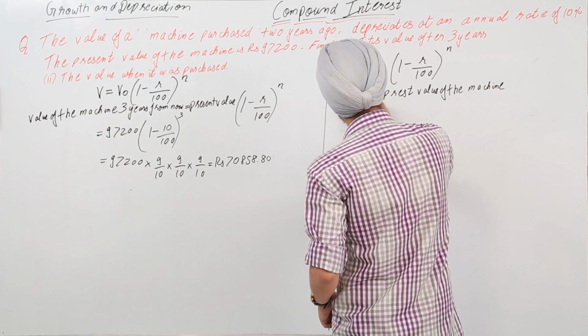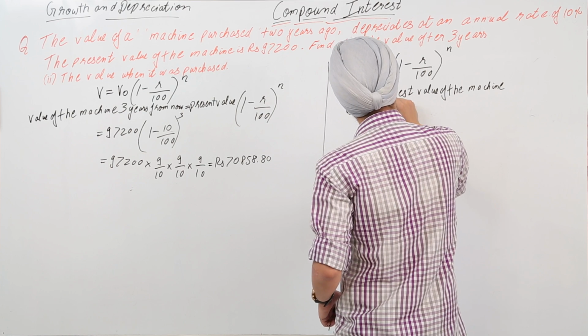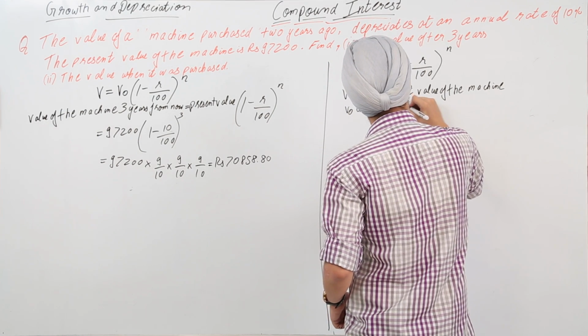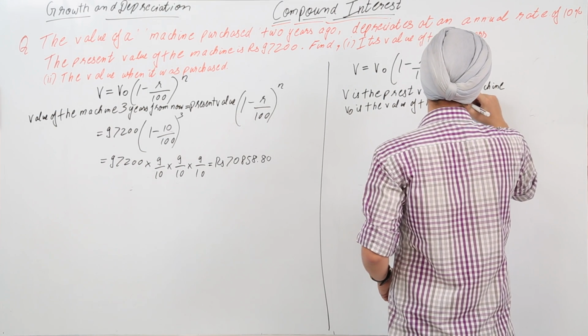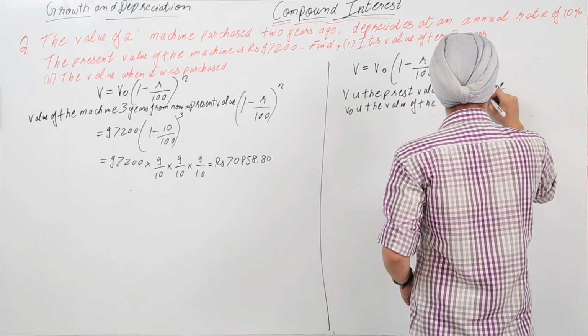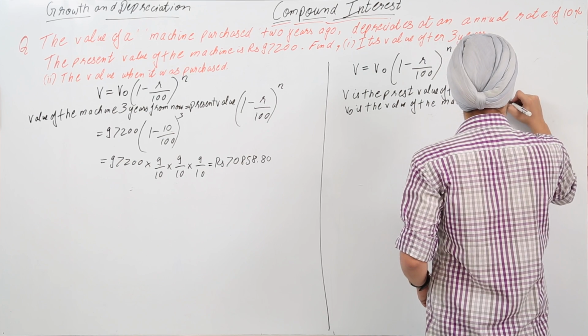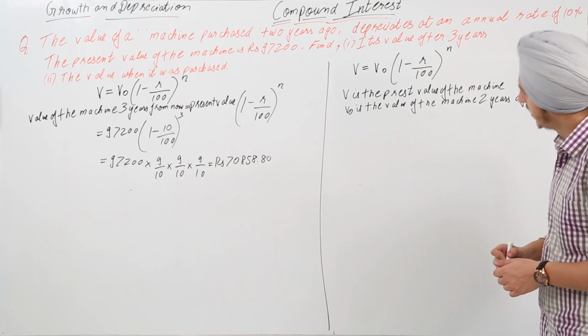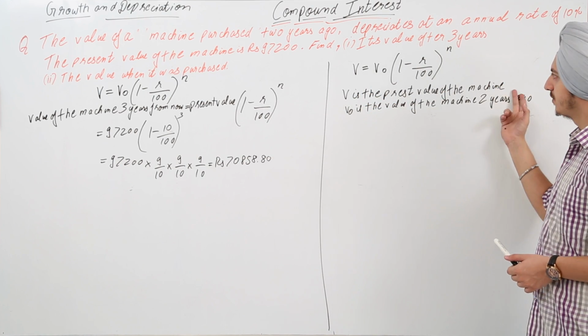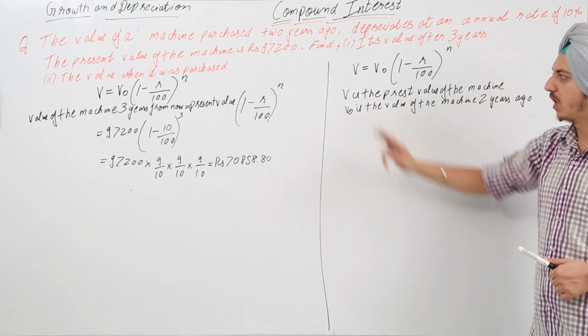V naught is the value of the machine 2 years ago. So we have V as the present value of the machine, that is 97,200.